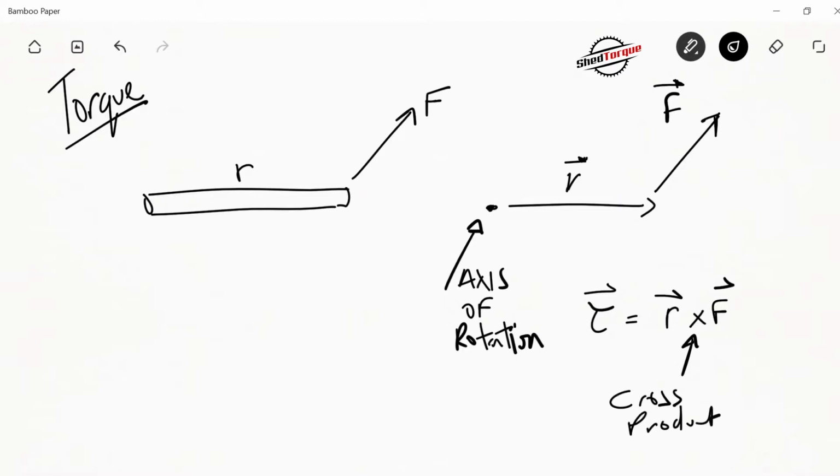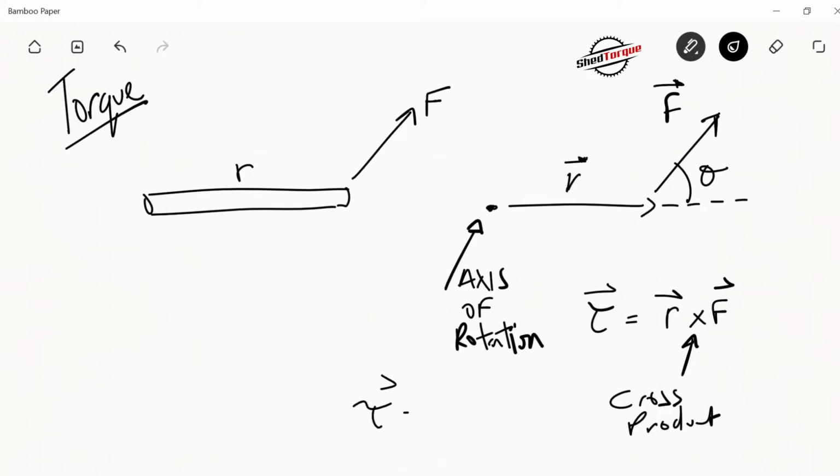Okay. So to define the cross product, we need to define something else in this picture, and we're going to call this angle here theta, which is the angle between the line of R, if R was to extend out, and the line of F. And if we do that, then this cross product becomes the following.